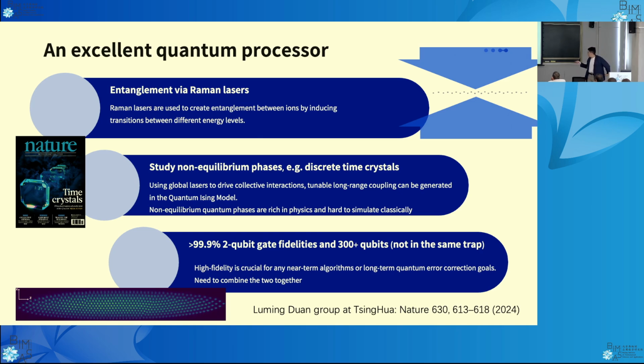They can get to more than 3 nines of fidelity. And in Tsinghua University, they can get to more than 300 qubits. In fact, I heard that they already have more than 1,000 qubits in Lu Mingduan's group at Tsinghua University. But the problem is that if you want the best of both worlds, it's very difficult. The reason is that the Coulomb interaction kind of couples everybody.